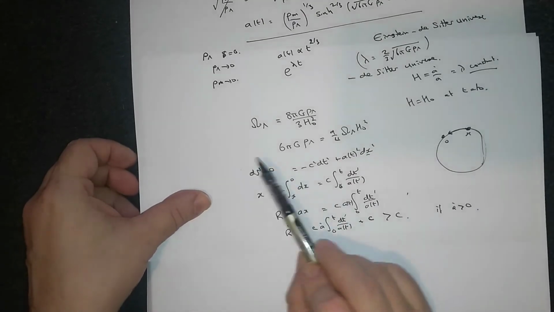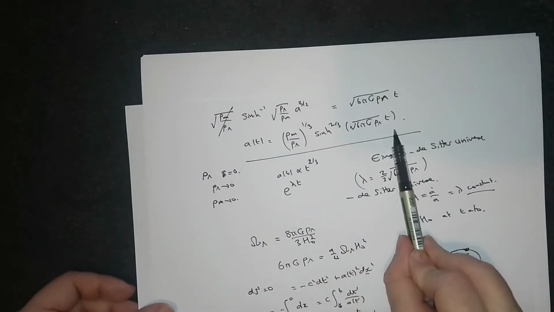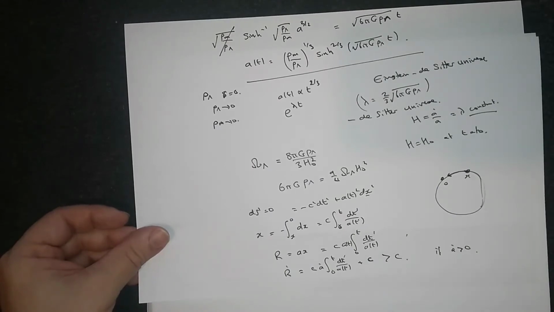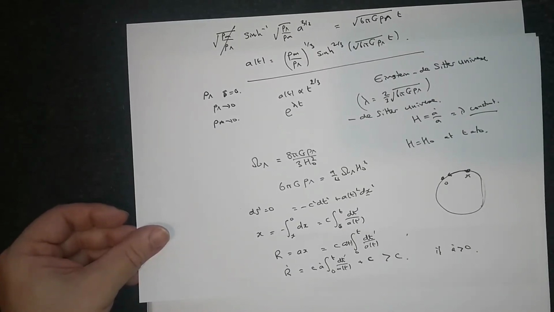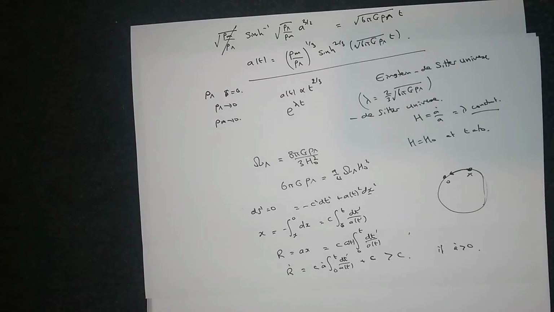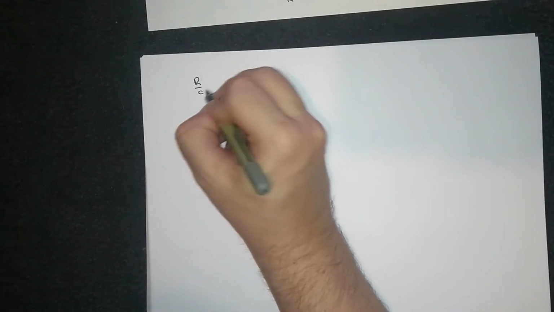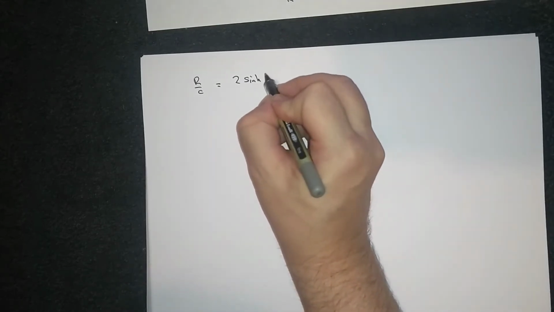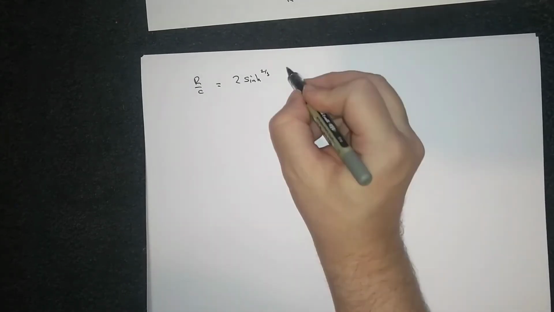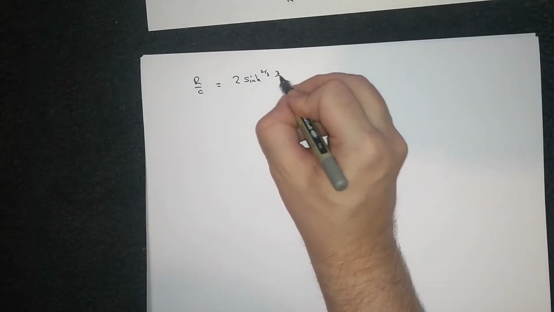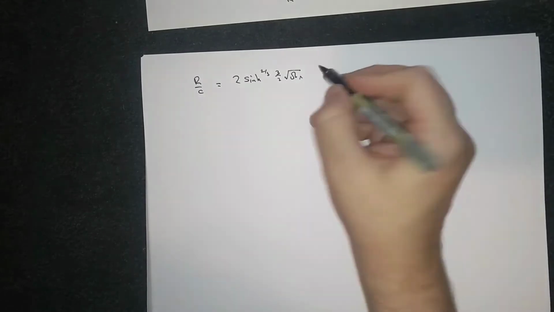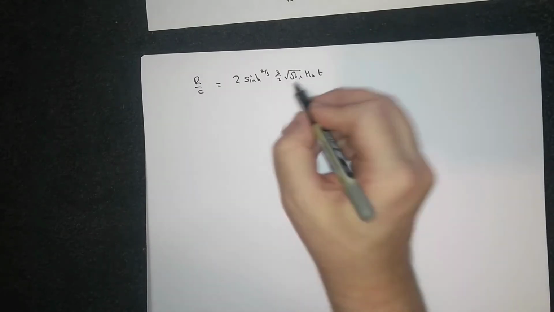Okay, I have an expression for a here, and this is the distance to the cosmological horizon. So let's work out r over c. That's twice sinh 2/3, 3 over 2 root omega lambda H naught t.